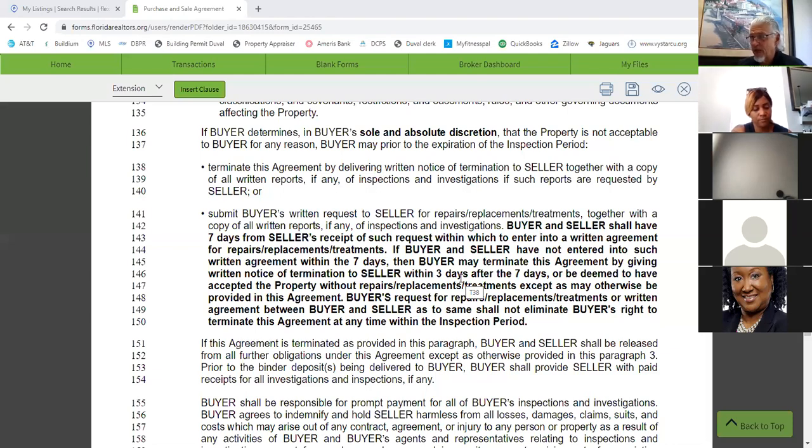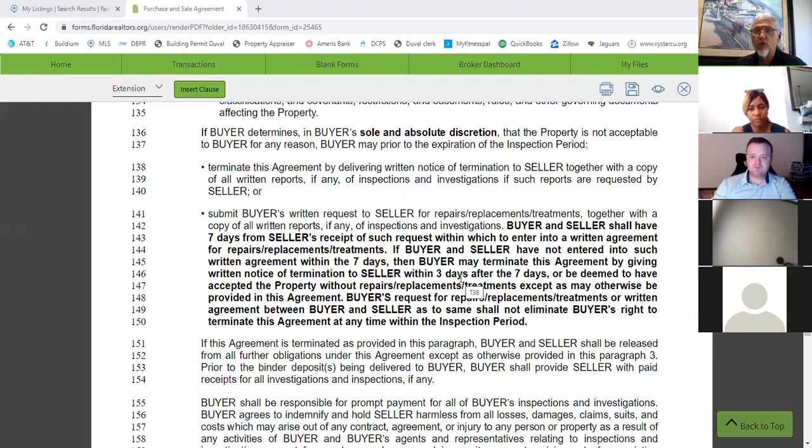If you go through all that process, day 9, you present your repair request to the seller and the seller takes their 7 days, and they get to the end of that and they say, no, can the buyer get out of the contract? Yes, they can. Read on, Grasshopper.